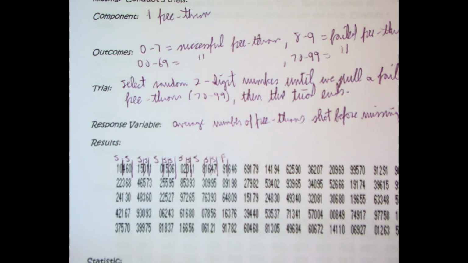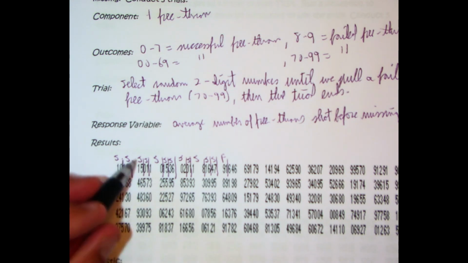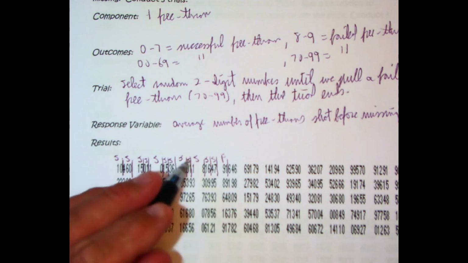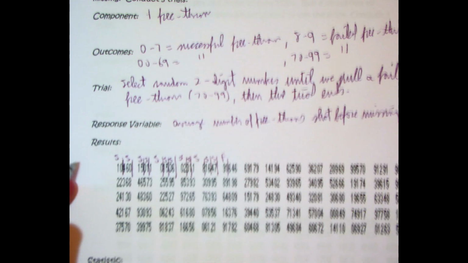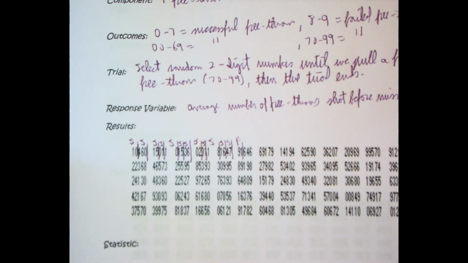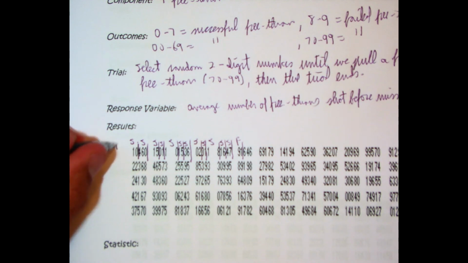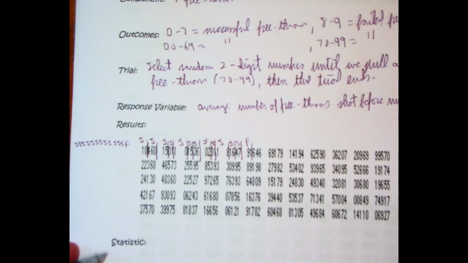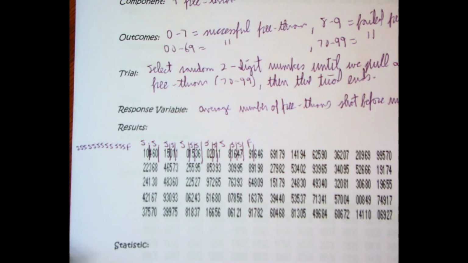Okay. So we had 1, 2, 3, 4, 5, 6, 7, 8, 9, 10, 11, 12. It took 13 that time. Let's see how many they want. 3 trials. Okay. So it took 13 shots for us to miss.